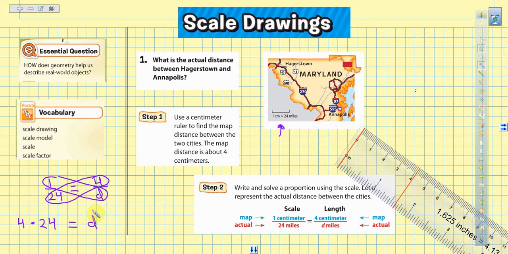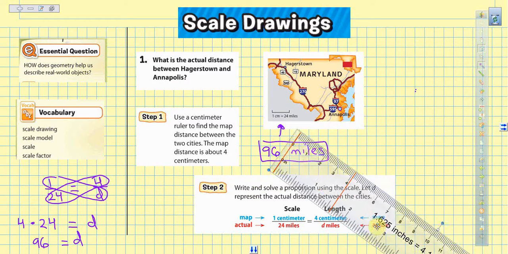Okay, so I do the 4 times 24, and I get 96 is equal to d. What does that tell me? That tells me the distance between Hagerstown and Annapolis is 96 miles, just by using a ruler.